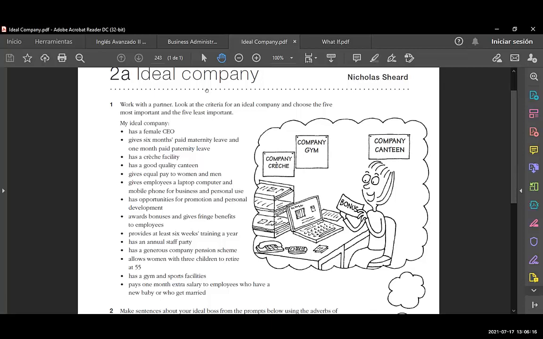For example, for my ideal company, I would say that the first one is that it has a female CEO, because it means that we can have a lot of women working around. Another important one for me could be awards, bonuses, and fringe benefits to employees. So I have to choose 5 and explain why. What 5 are important for me and 5 that are less important for me, okay? So, do you understand what you have to do? 5 and 5.